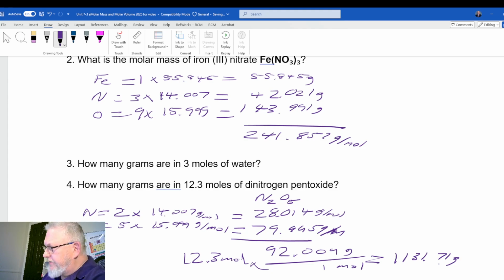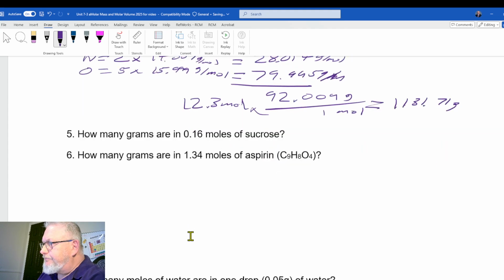Not grams per mole, but that's grams. I got 12.3 moles. Hopefully that helps a little bit.